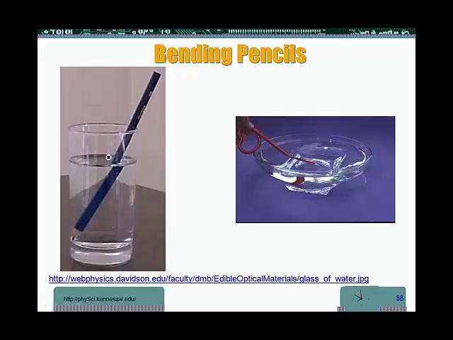It is actually the light that bends, not the objects, but that's the way it looks. That's one implication of Snell's law. It is going to result in images being distorted. Notice here also it looks thicker in the water. Depending on the way you look at it, it looks thinner here.